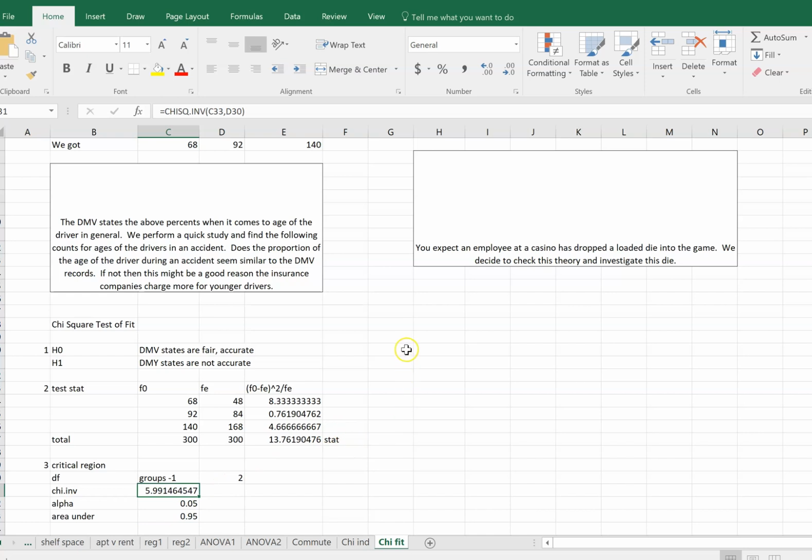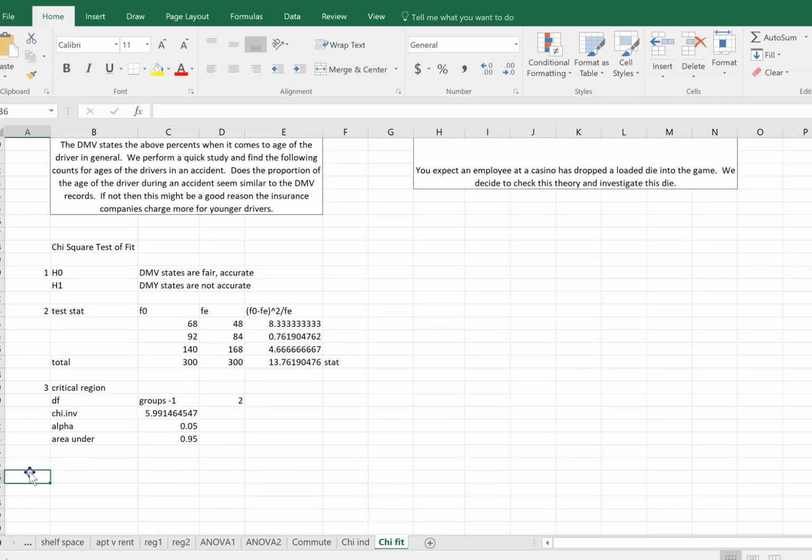So I now can, in step 4, make my conclusion, because I'm ready to make my conclusion. I notice that the test statistic is what? It's that number. So the test statistic is that number.